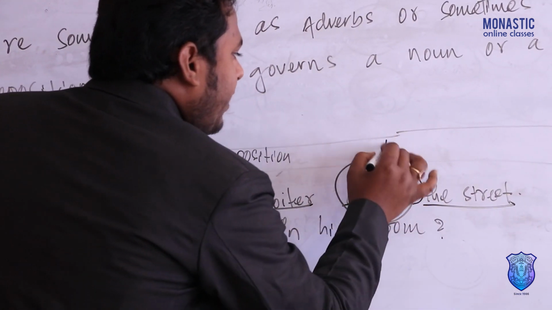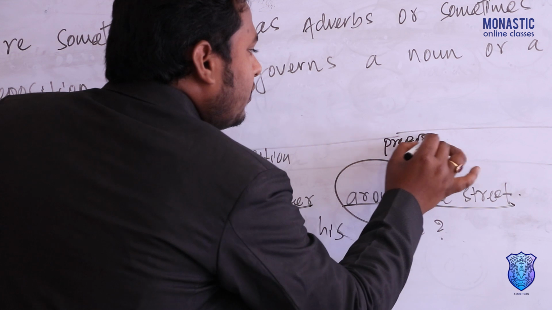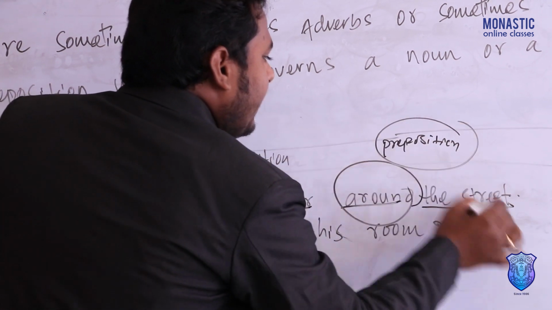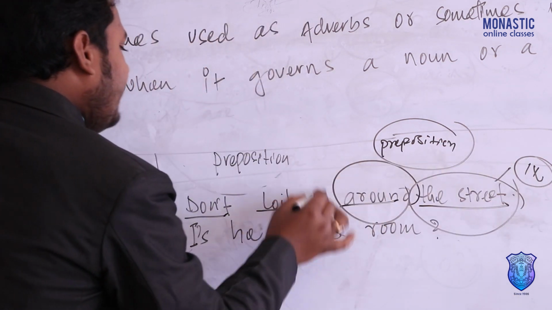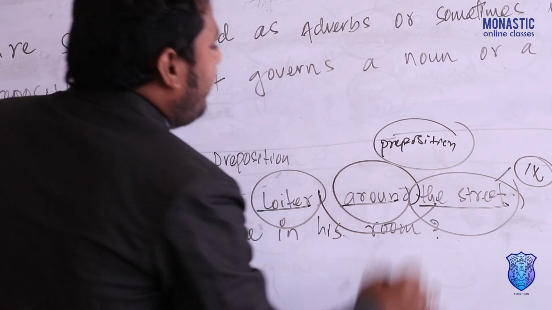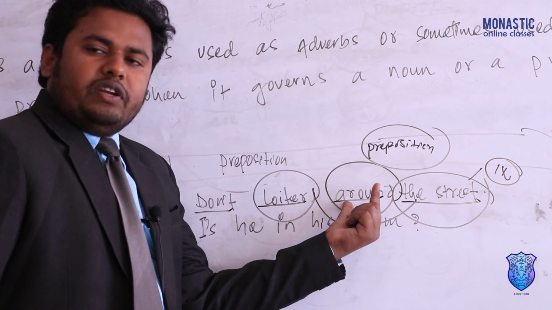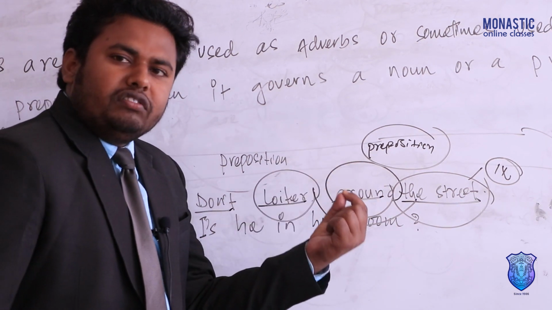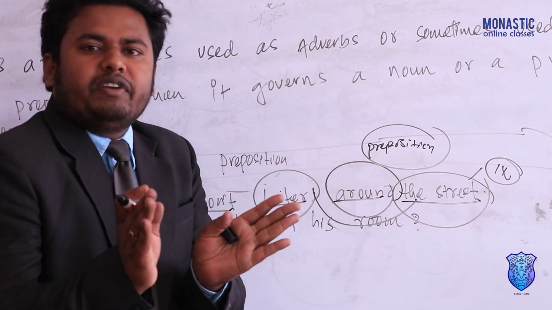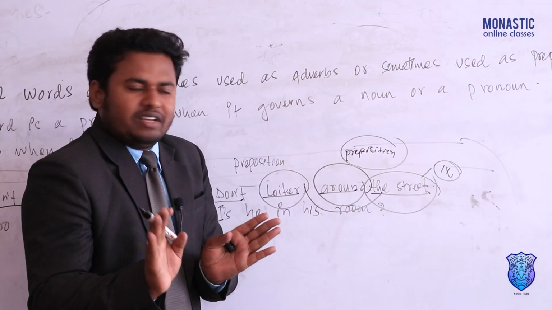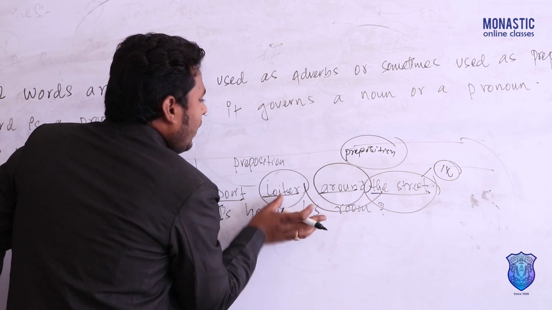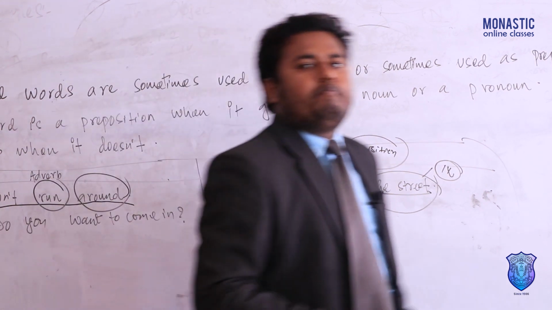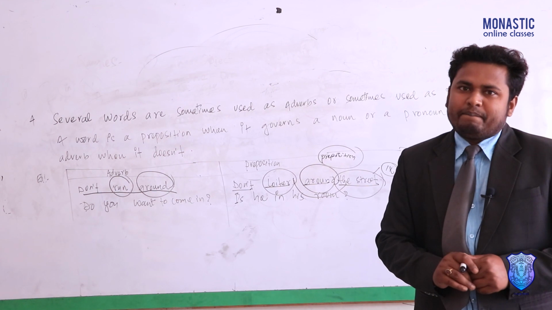Around is here a preposition. The street is a noun. I always tell you that the preposition shows the relation between two words. Here the relation between the street and loiter is connected by the preposition around.